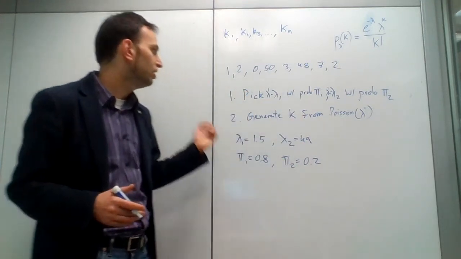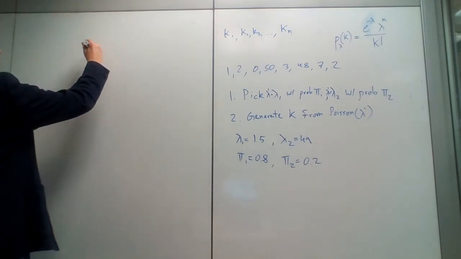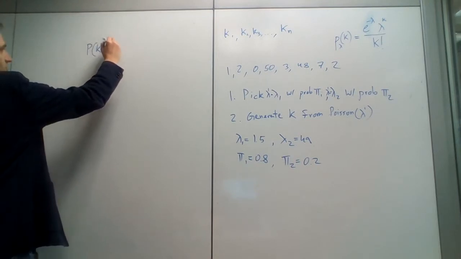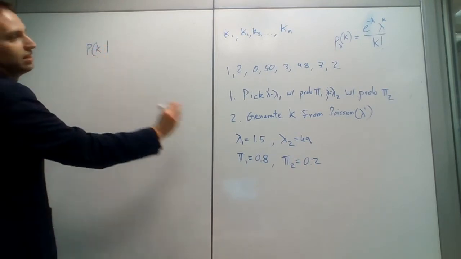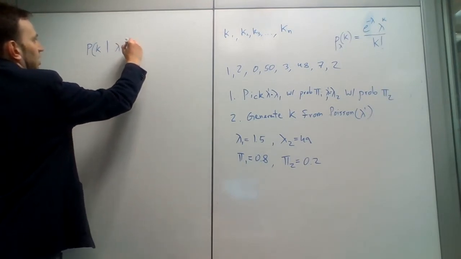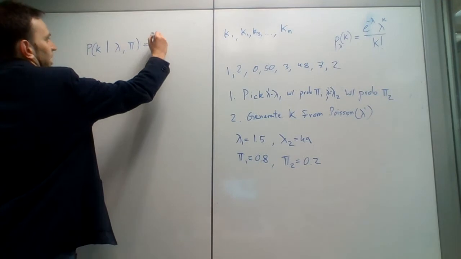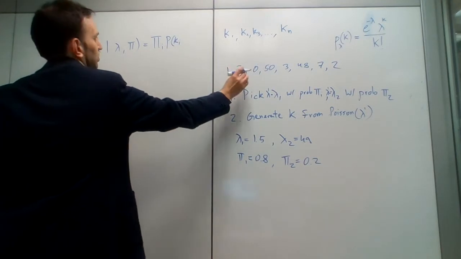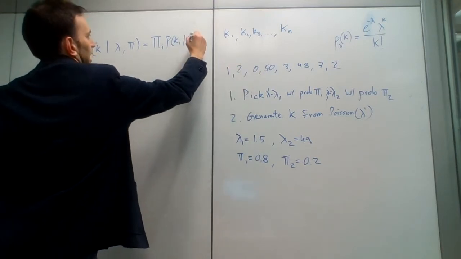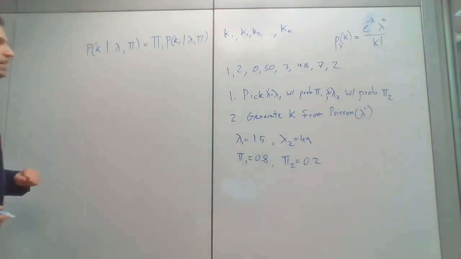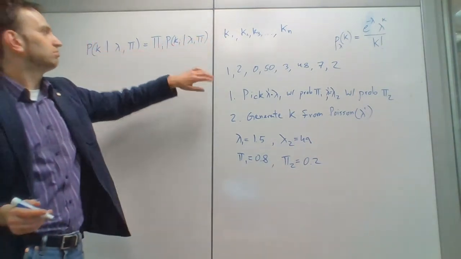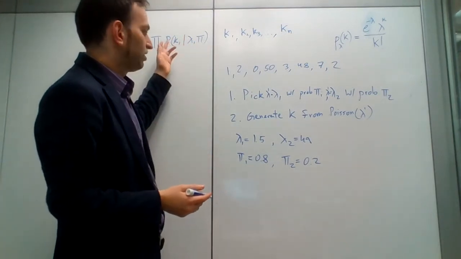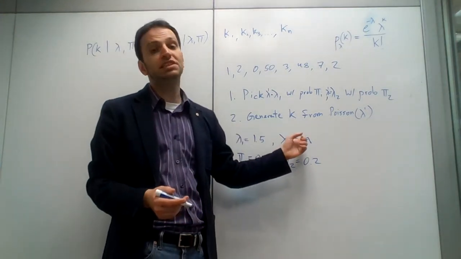Okay. So what is the likelihood? In other words, what we're asking is, what's the probability of all the k's given lambda and pi? And we can just rewrite it as the product of the probabilities of the individual k's, so this one and this one and this one, given lambda and pi. And here we have a problem because you don't know exactly the probability of k_i under lambda and pi, because you don't know whether k_i came from this distribution or from this distribution.